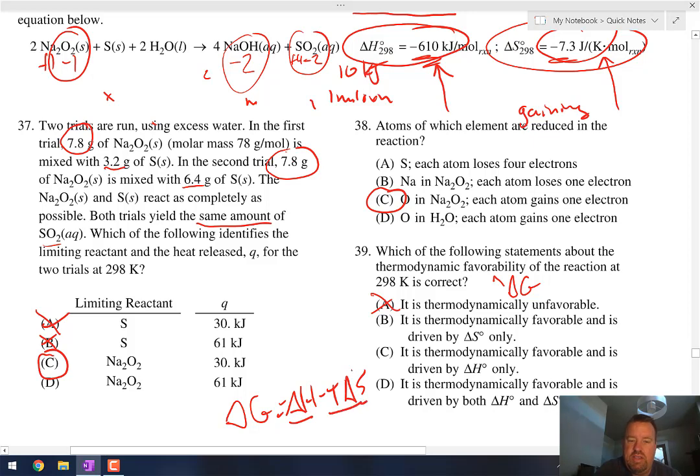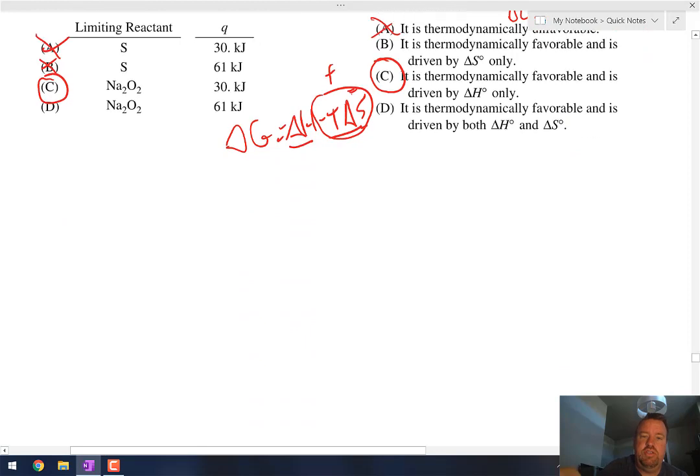When delta S is negative, this whole thing here becomes positive. So it is not driven. When delta S is a negative value that we have up here, that does not help it become more thermodynamically favorable. So it's not driven by that at all. So in this case, it is driven by the enthalpy change, which is C.